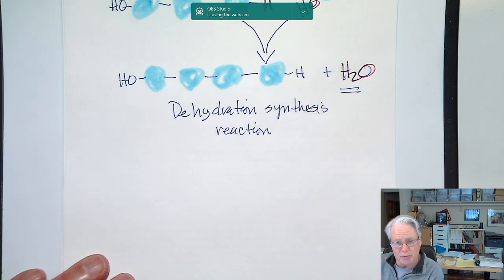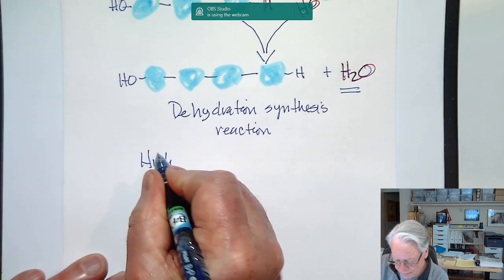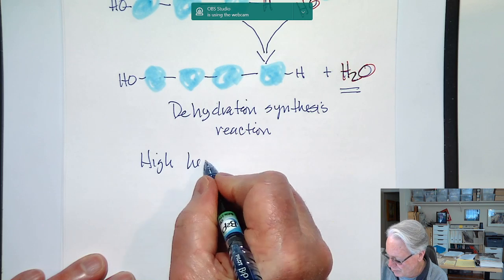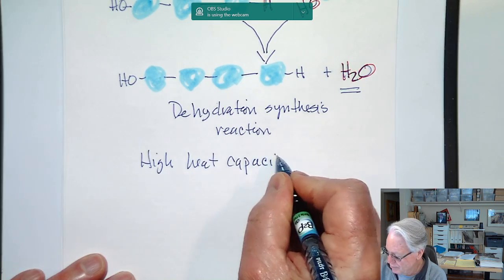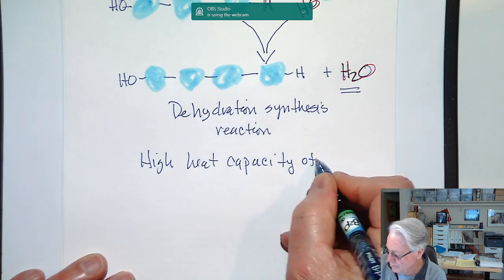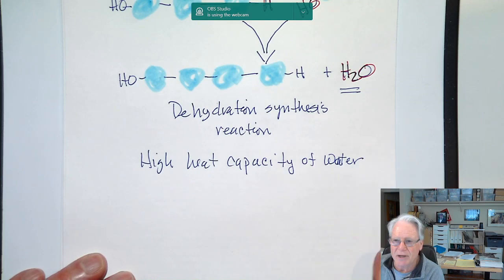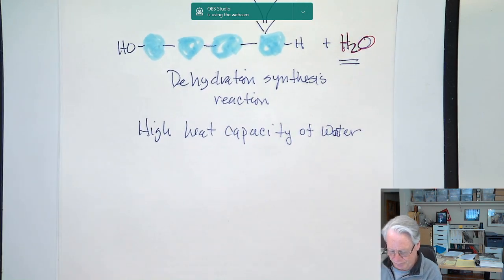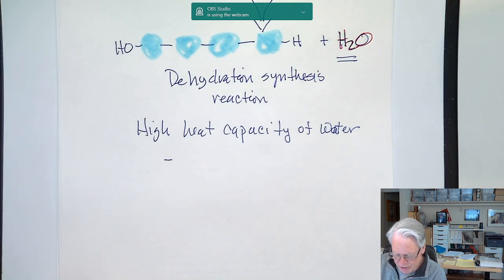item or important property, and that is that water has a high heat capacity. High heat capacity of water. So the way we're going to define this is that water can absorb or release large amounts of heat energy with little change in its own temperature.